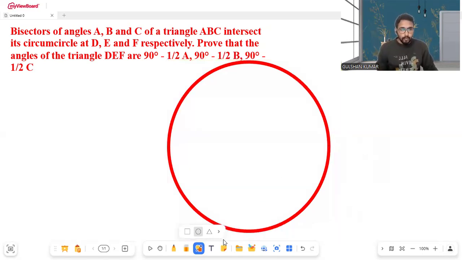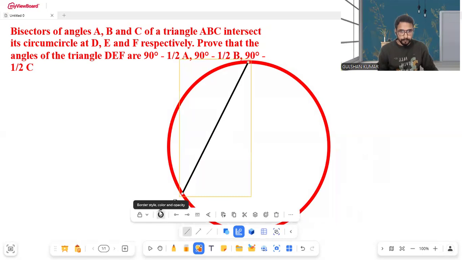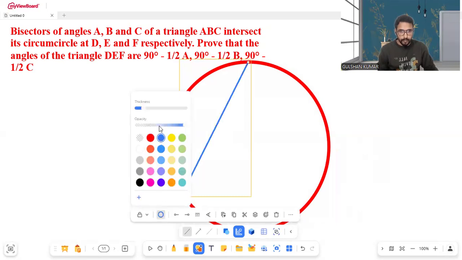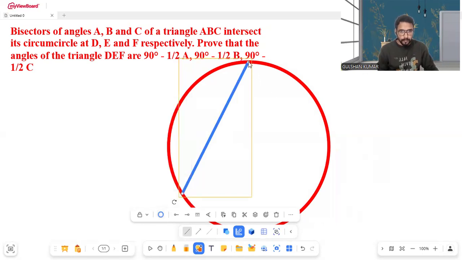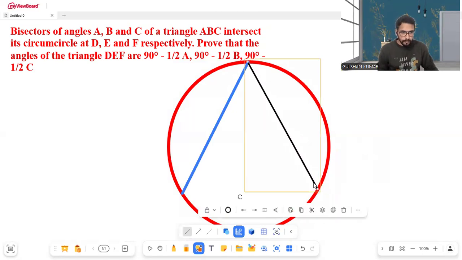So we have a triangle here. This will be the triangle's arm, and this will be another arm.